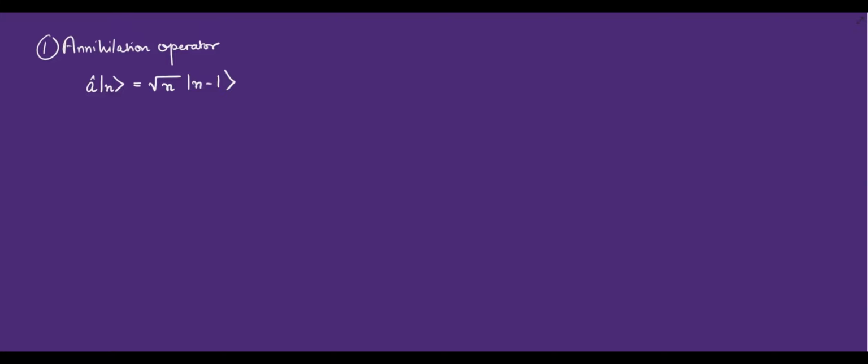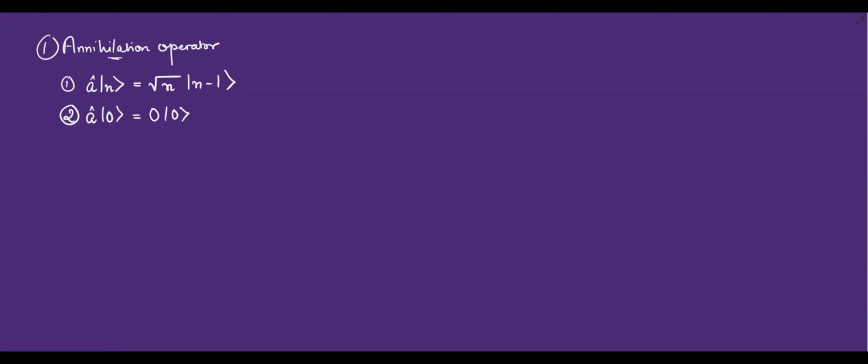We will justify why we do this in a few seconds. Because it takes this state n to n minus 1, we call this operator an annihilation operator. Another thing with this annihilation operator is that acting on the zero state it gives you zero back again, so this number cannot go below 0.